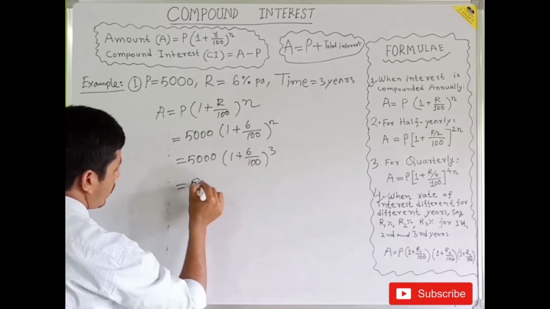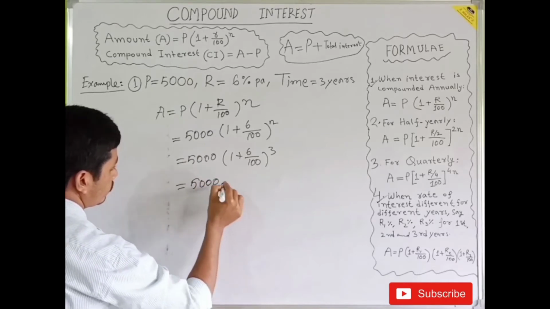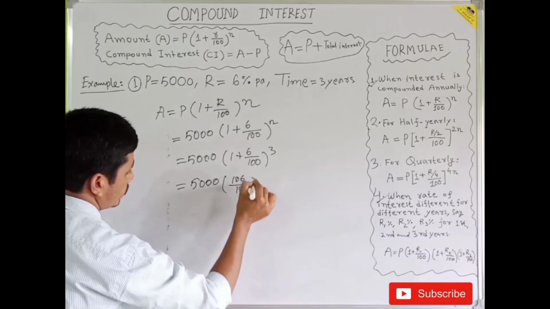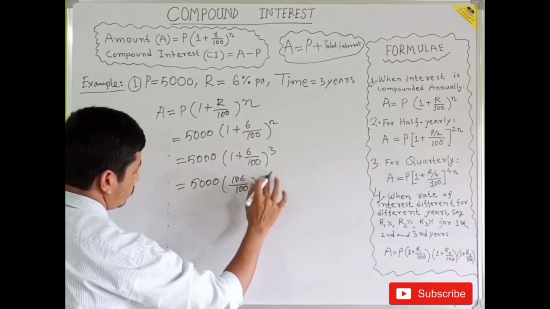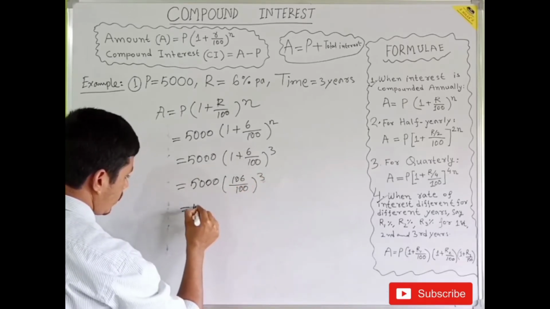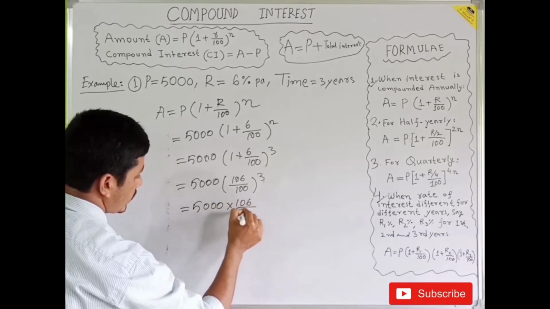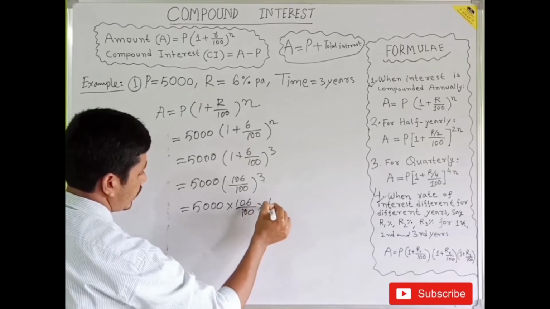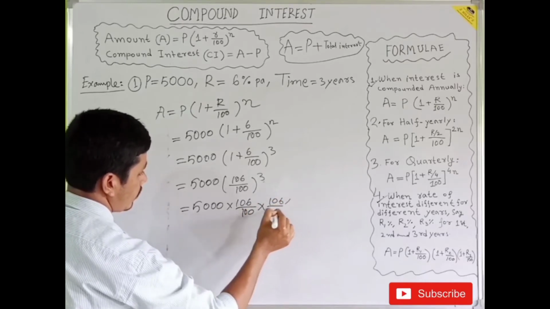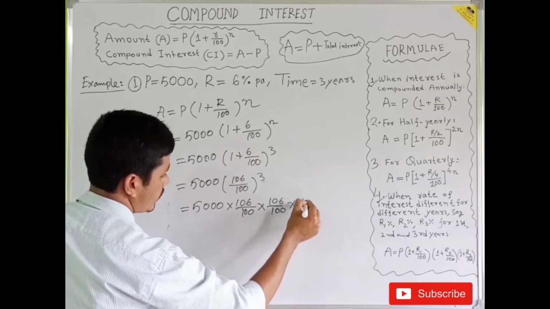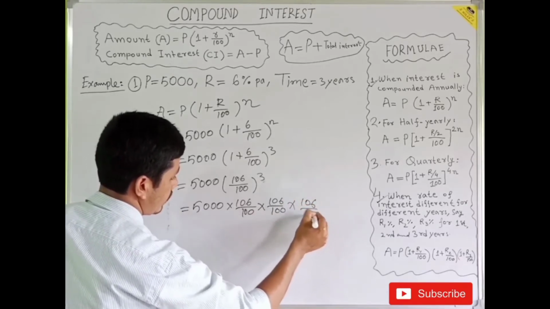Now 5,000 into 106 by 100 into 106 by 100 into 106 by 100.